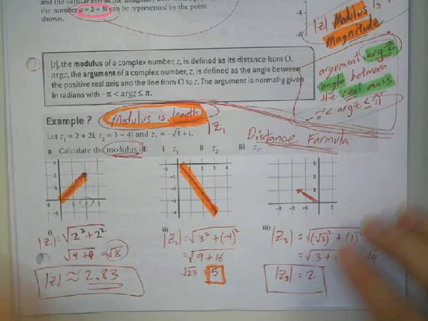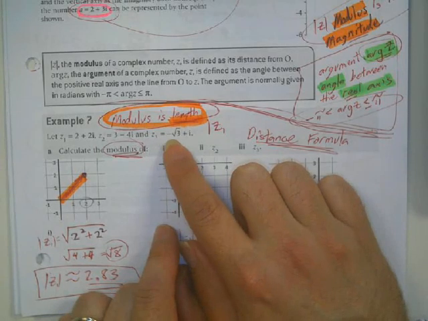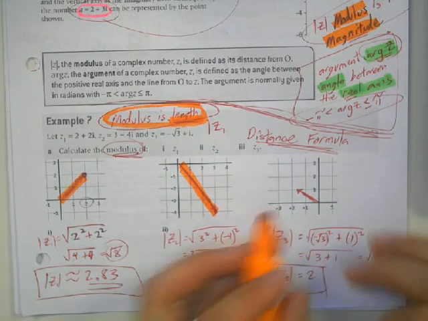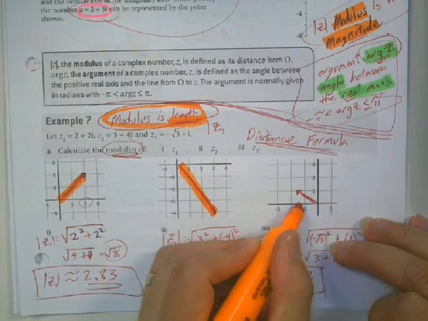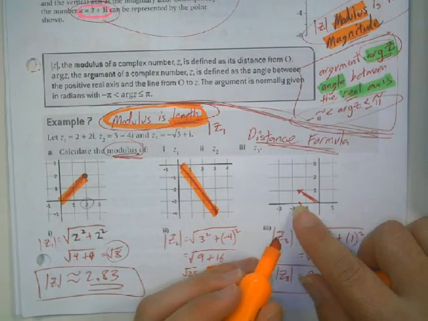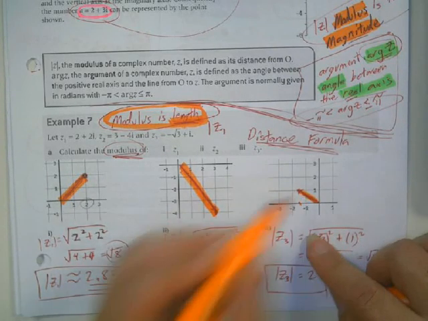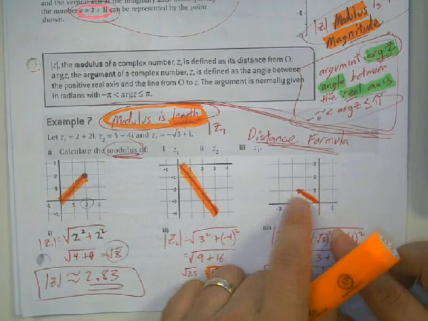Last one here, I've got negative radical 3 plus i. So in the real direction, I'm going to the left radical 3, and in the imaginary direction, I go up 1. So there's my modulus, my line.